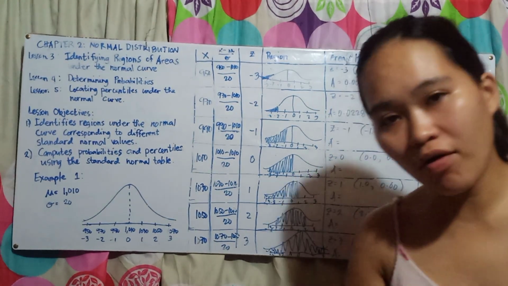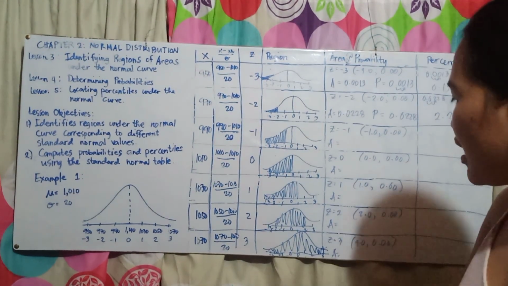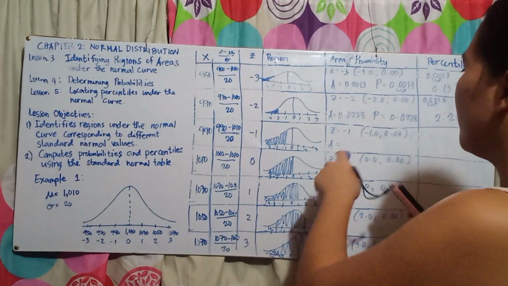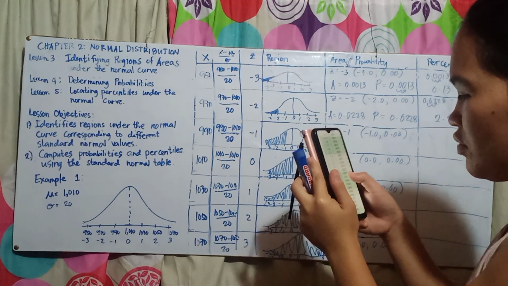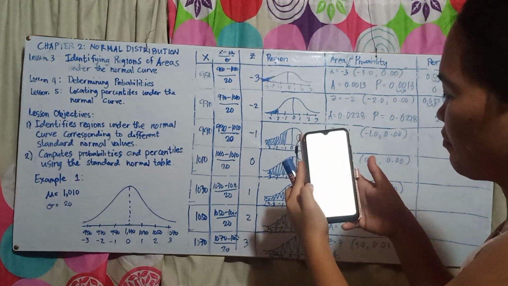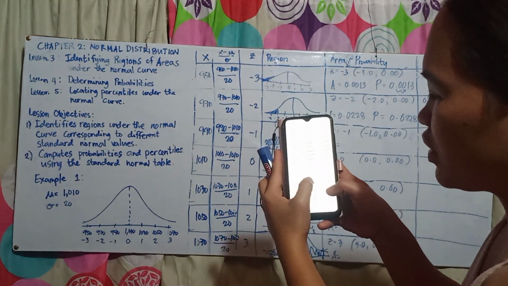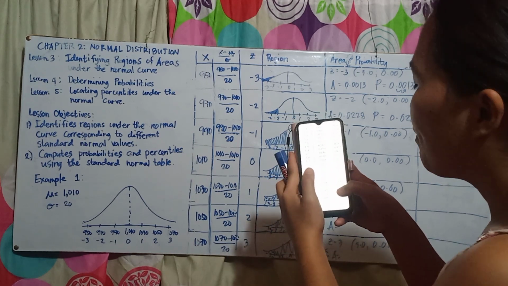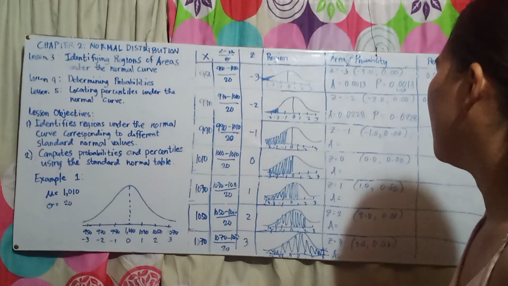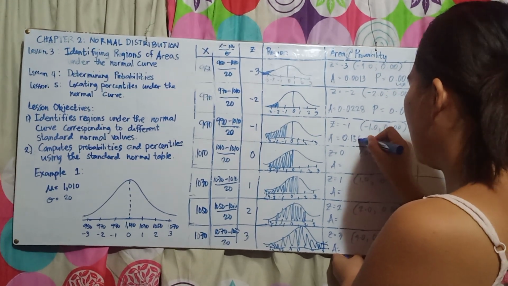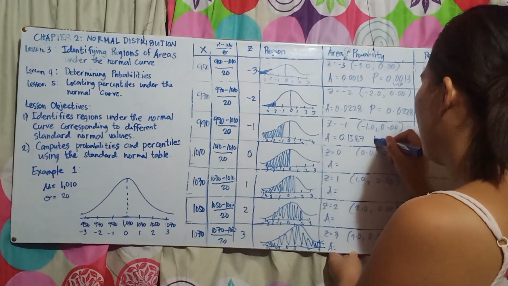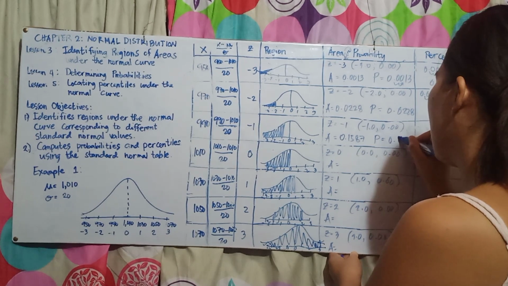Using the table. So, since it's been a while since I gave the table. First is negative 1.0 and 0.00. Here, negative 1.0, 0.00, it is 0.1587. So, the probability, they are the same.